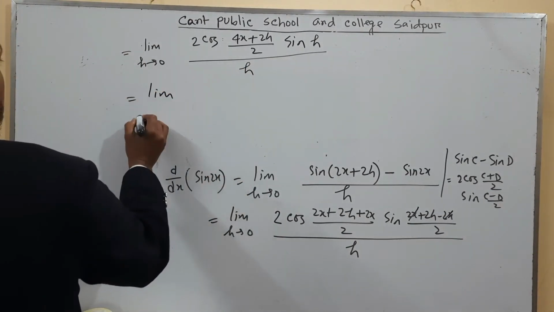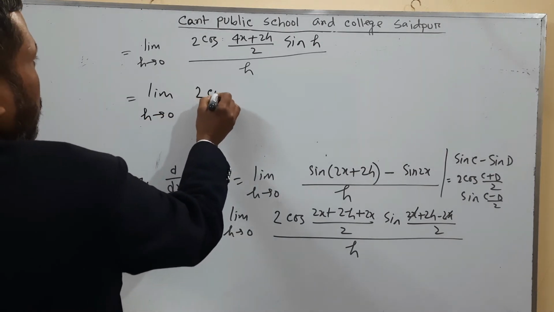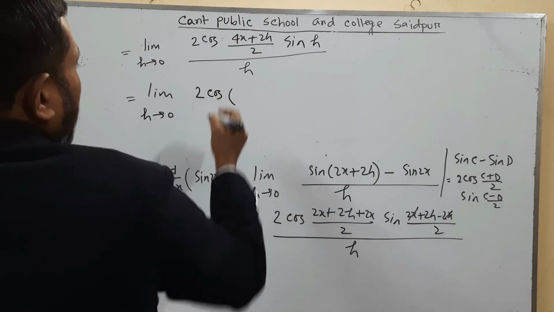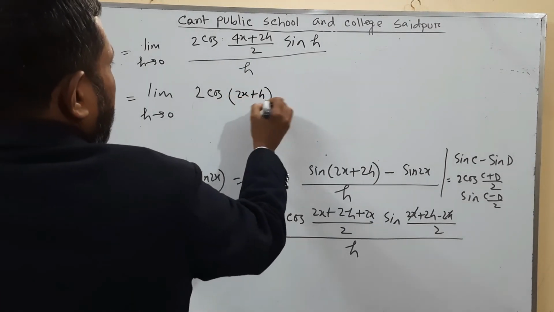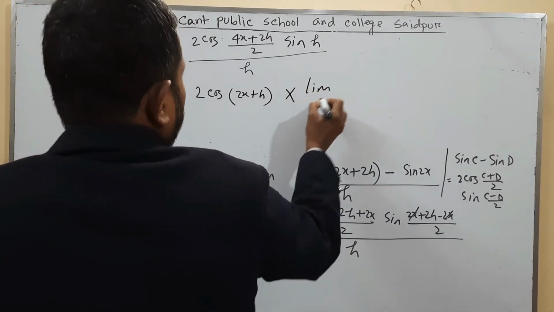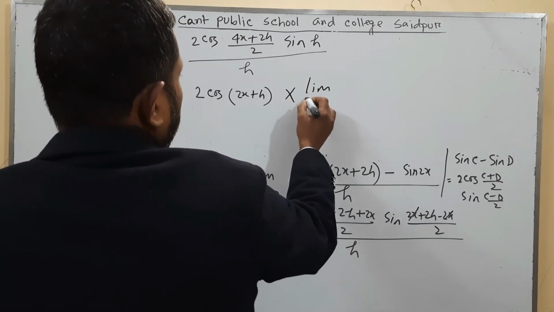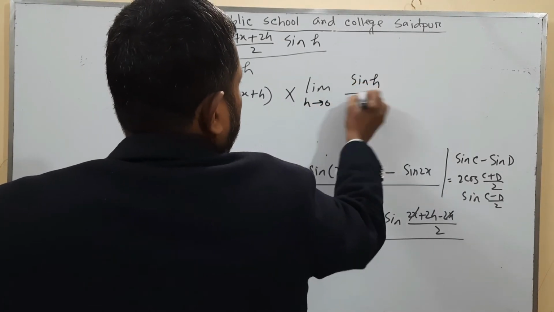Now limit h tends to 0, 2 cos of 2x plus h, multiplication limit h tends to 0 sin h by h.